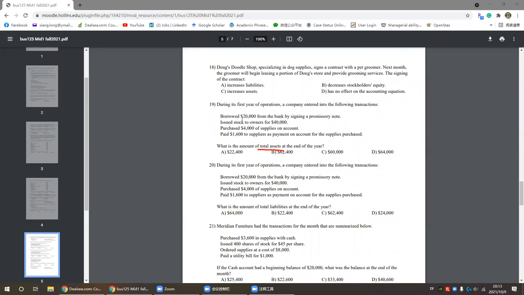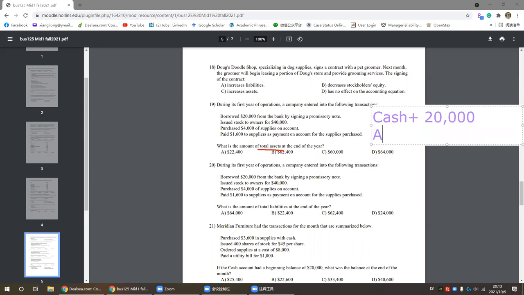The first transaction: borrow 20,000 from the bank and sign a promissory note. In this case, our cash will be increased by 20,000. Whenever our cash increases, our asset increases. This is too big.